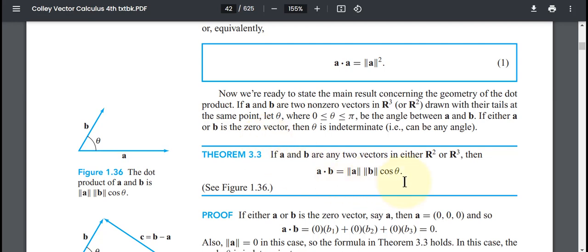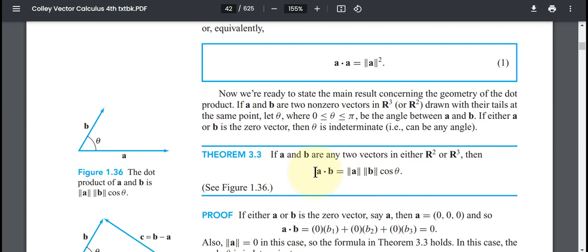Now, we do know that there are times when the cosine of the angle between them can be 1, right? The cosine of some angles are 1. What angle? When theta is 0, then the cosine of theta is 1.